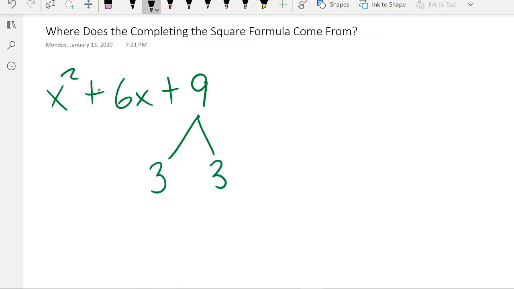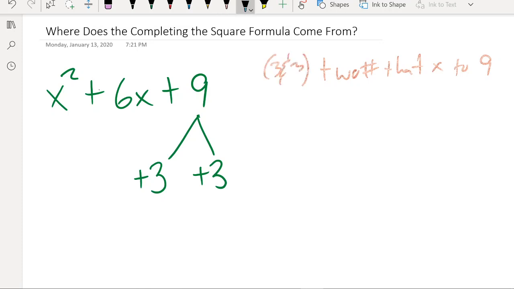So that's important to remember. Something times something has to give me 9. In this case, it's 3 and 3, and the 3 and the 3 work because I also have to have the two numbers add to give me 6. So I'm going to write that off to the side. I need two numbers that multiply to 9, and they just happen to be 3 and 3.